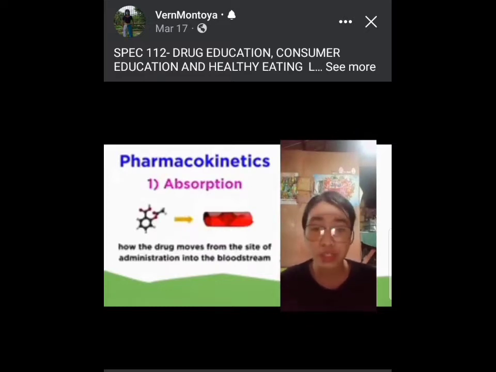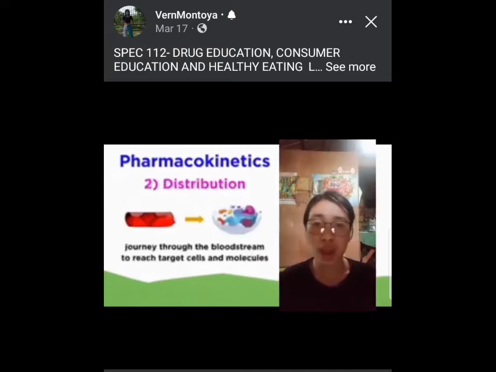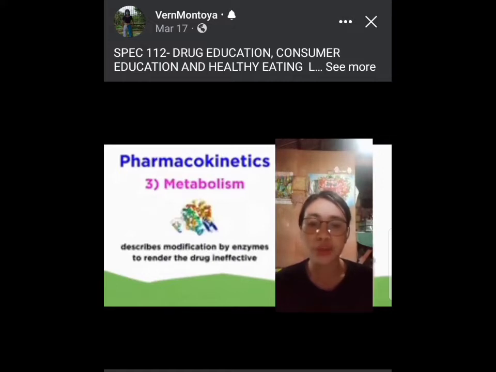Absorption generally describes the way the drug moves from the site of administration across one or more membranes into the bloodstream, if it was not administered directly. Distribution describes its journey through the bloodstream to reach target cells and specific target molecules within. Metabolism describes the ways the drug is eventually modified by enzymes and rendered ineffective.